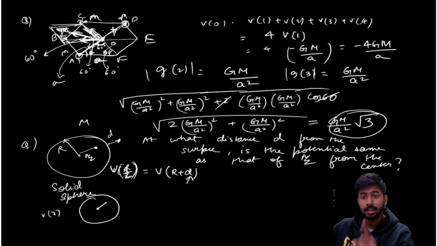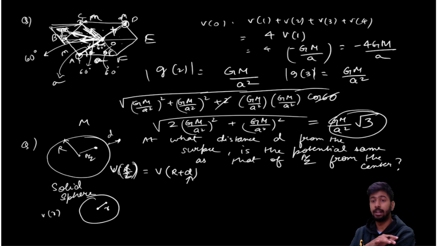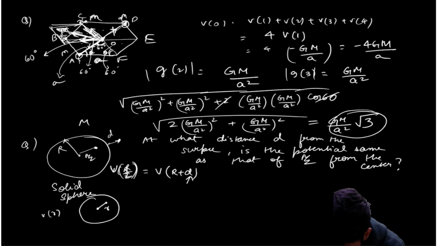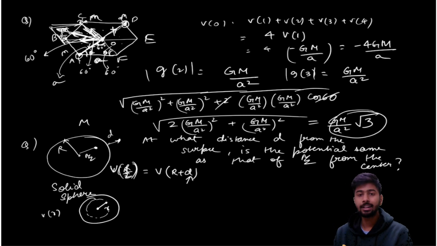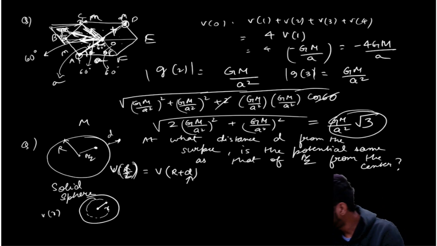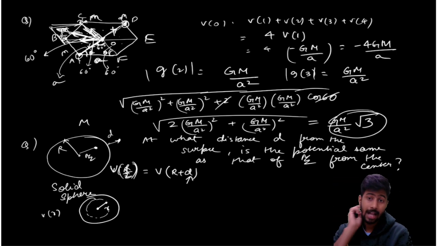And this was something that I asked you to derive, right? I told you the method and I asked you to derive it. So in fact, I would like to give you the formula here, because I've asked you to derive it.